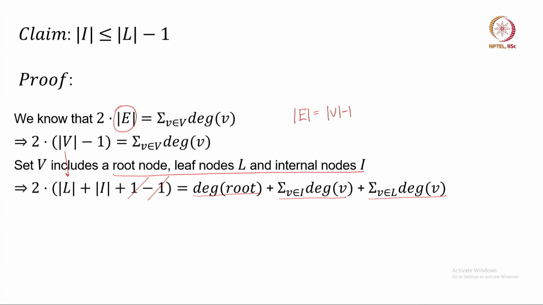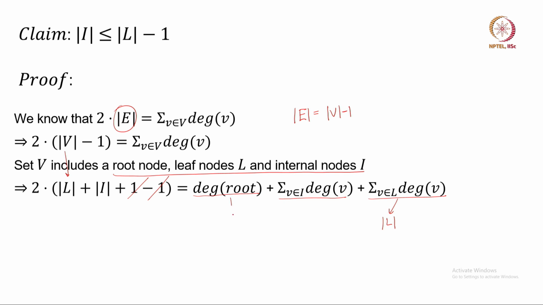Now, what is the degree of a leaf node? Well, the degree of a leaf node is exactly 1, because the leaf node has no children and it has one parent. So, this summation we can easily resolve to L.